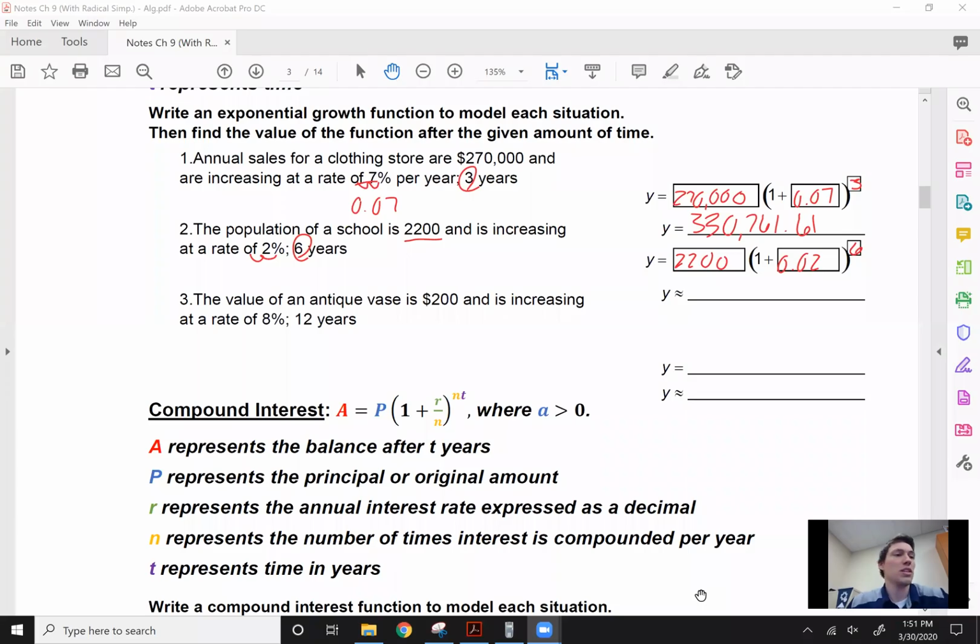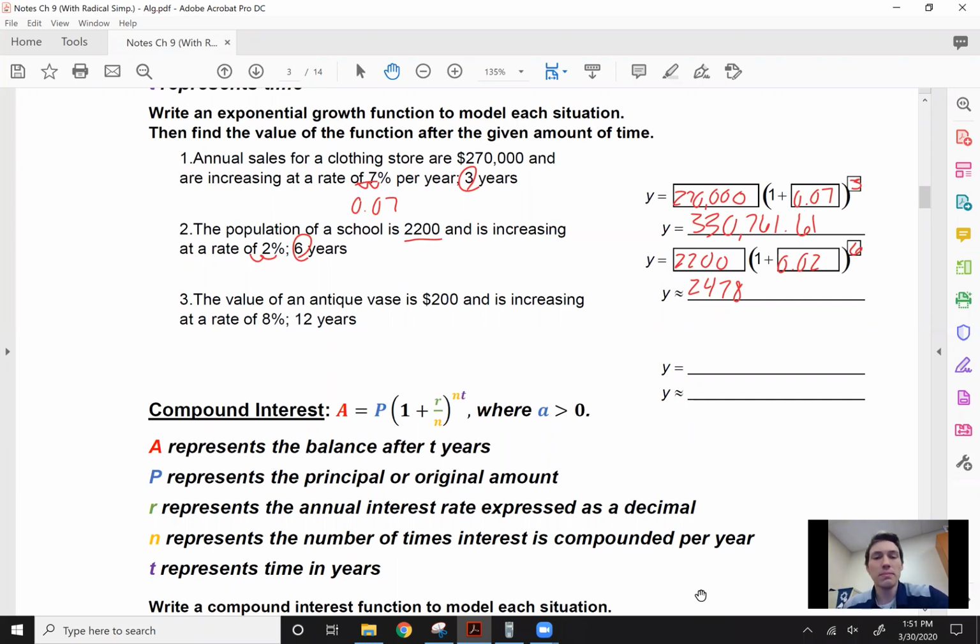So after 6 years, according to this, there will be almost 2,500 students. And since people are not going to be a fraction, we'll just leave it as 2,478. That's why it's an approximation. That's what that wavy equal sign means.